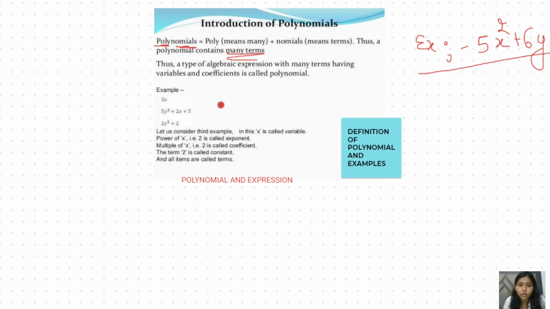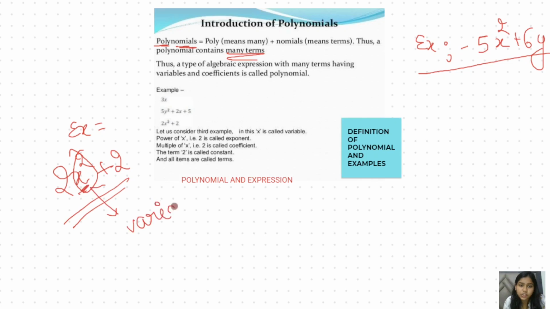Let's have a look at this example. If we consider an example like 2x square plus 2, I already told you that x, y, z, t all represent variables. So this x square is the variable in this particular polynomial expression.